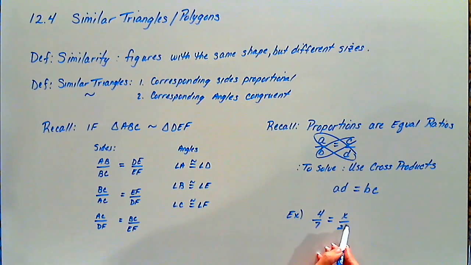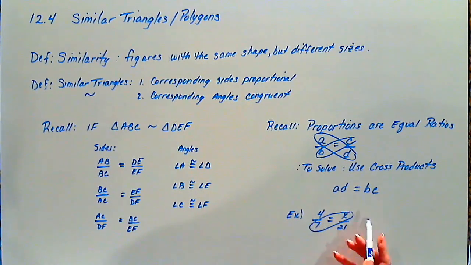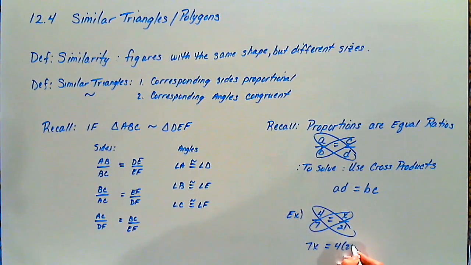I can say 7 times x is the same as 4 times 21. 7x is the same as 84. Divide both sides by 7. And I'm left with x equals 12, which is what we had determined if we had simply multiplied straight across by 3.